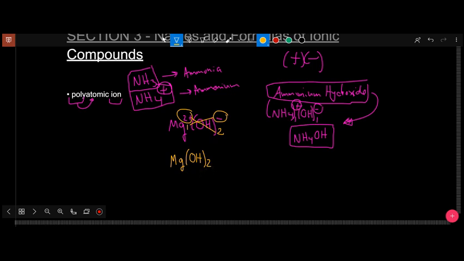And I had to keep my parentheses here because if I had just written MgOH2, that 2 would only apply to my hydrogen. I need to tell anybody looking at it that I wanted to apply to the entire hydroxide.